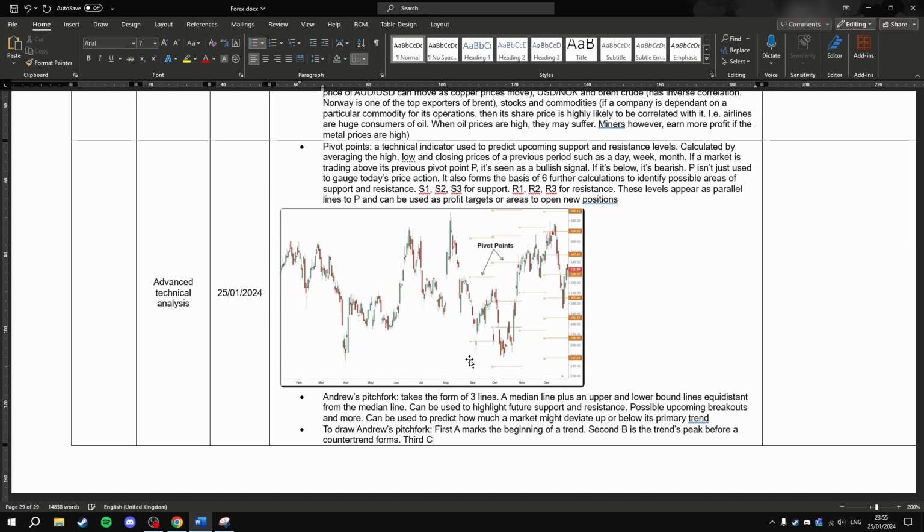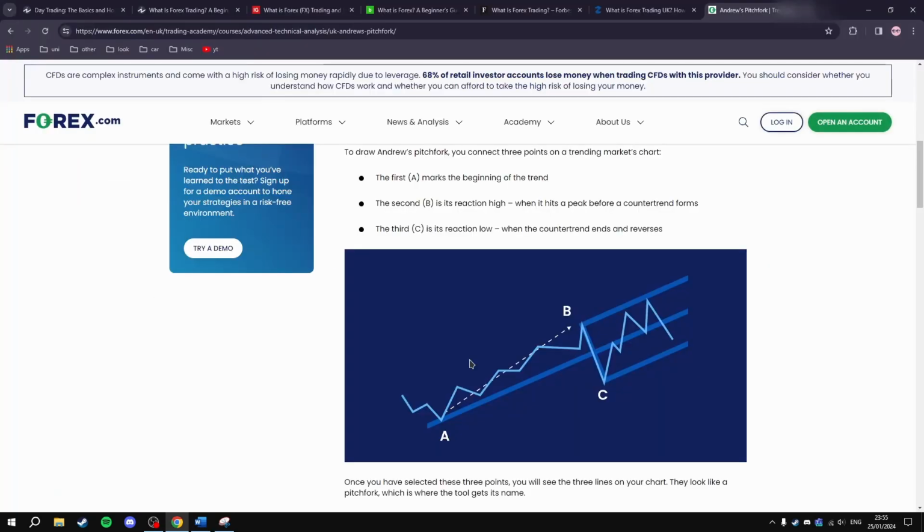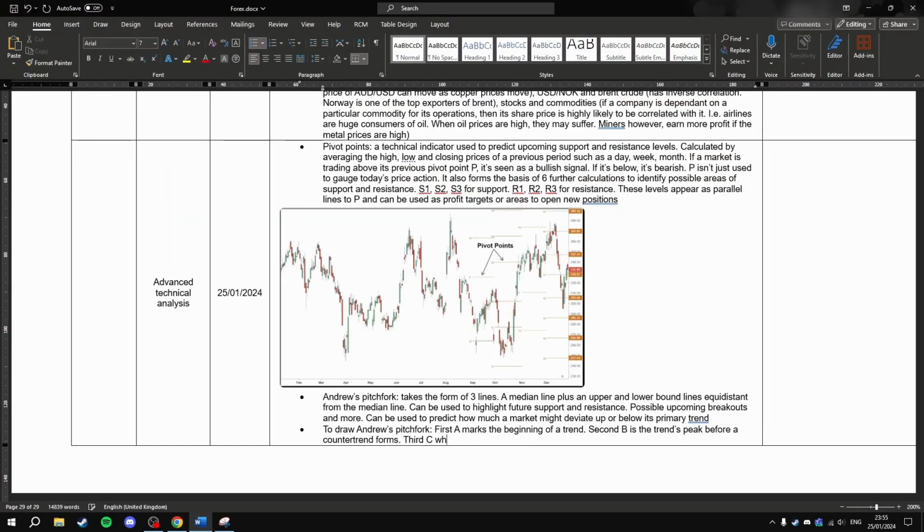Third, C, is when the counter trend ends and reverses.